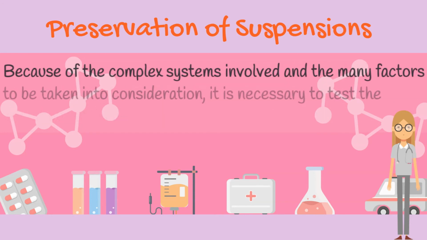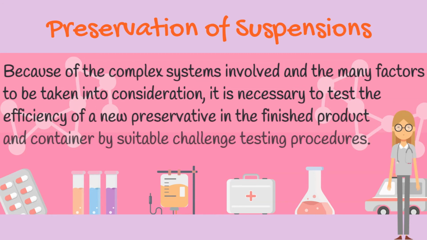Because of the complex systems involved and the many factors to be taken into consideration, it is necessary to test the efficiency of a new preservative in the finished product and container by suitable challenge testing procedures.